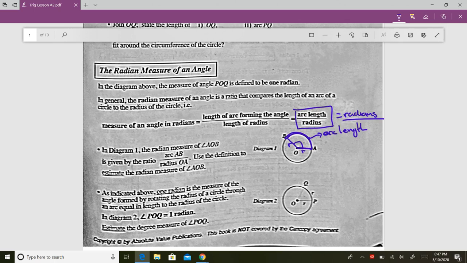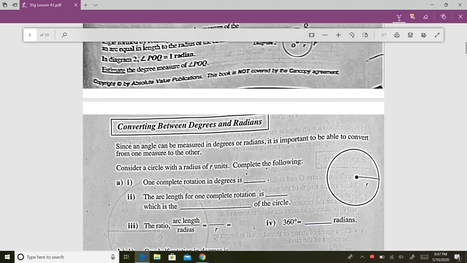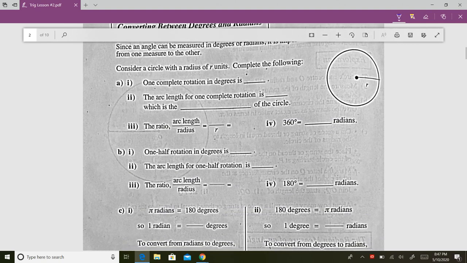So what are you talking about, Baldwin? Well, if we go to the next page, take our circle again. We have our r, our radius. If you do a full rotation of a circle, that is how many degrees? Hopefully you said 360 degrees.